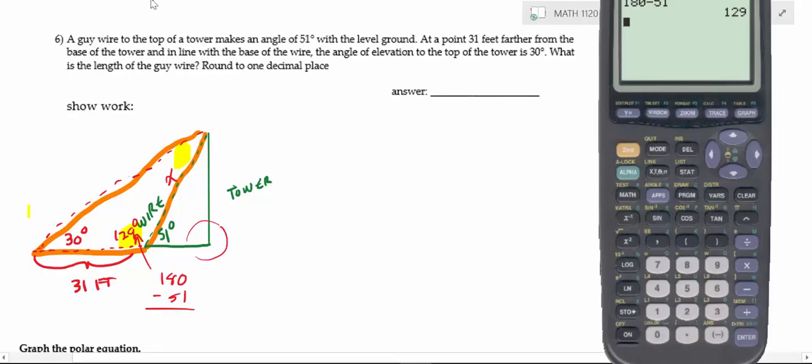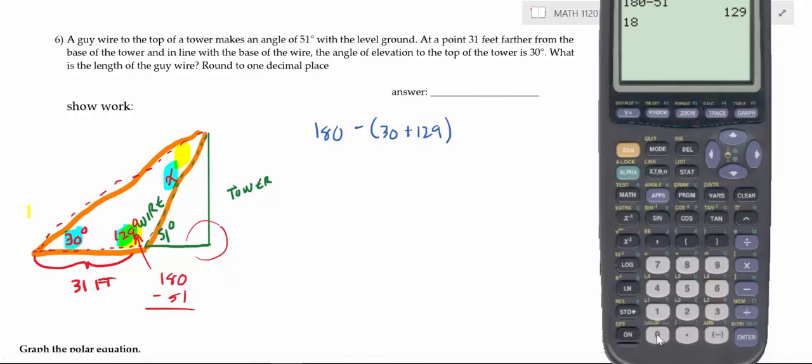Then we've got these two angles here, so we can just subtract from 180 to figure out what that angle is. So we can just go like this on the calculator: 180 minus the 30 degrees you were given, plus the 129 that we just determined, would give you a leftover angle of 21 degrees.